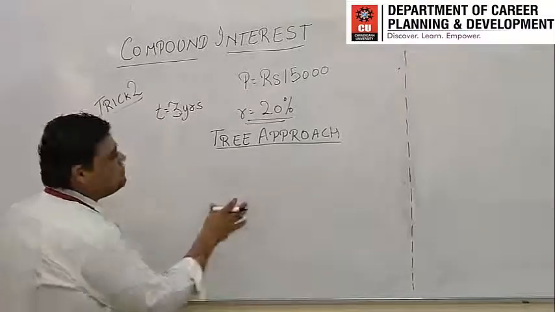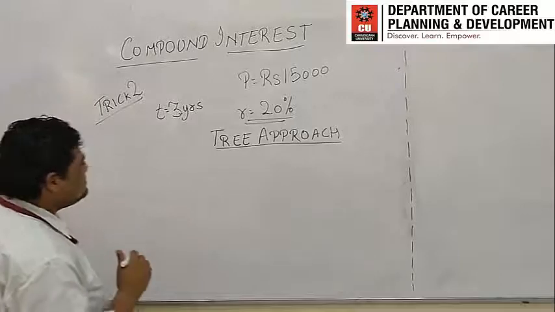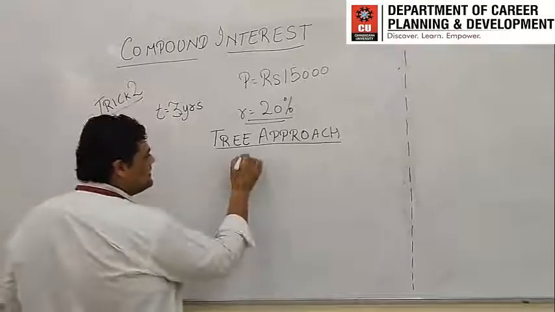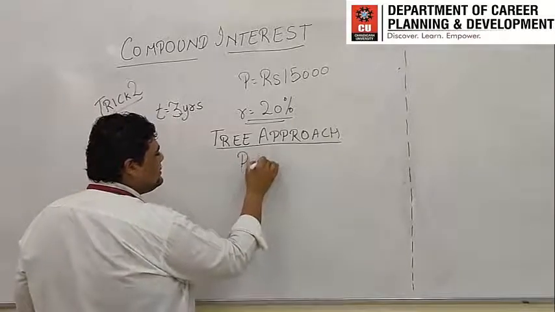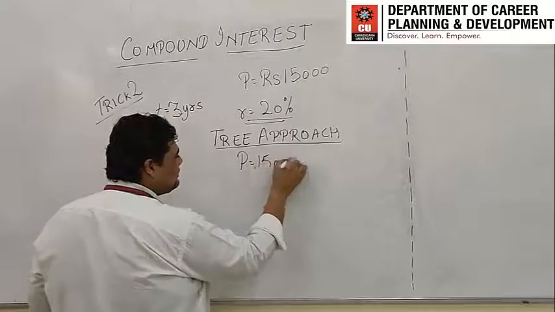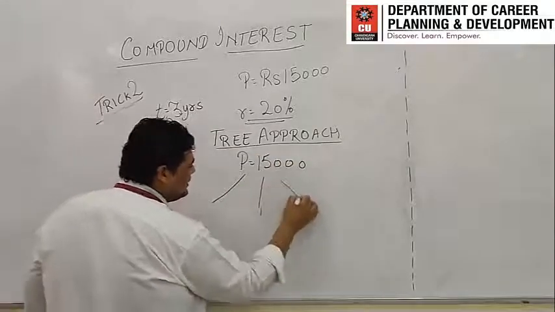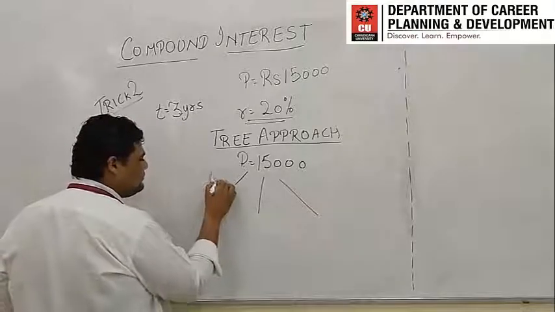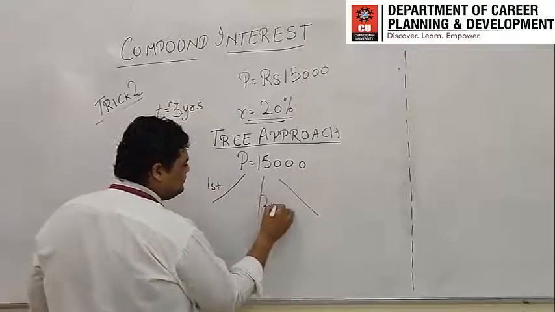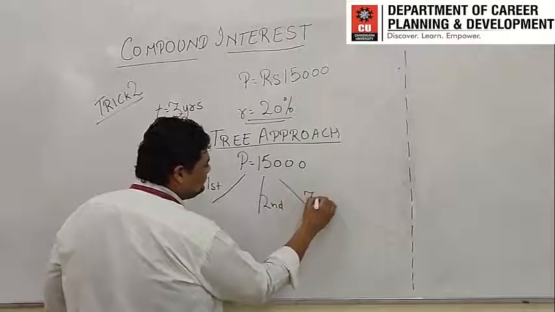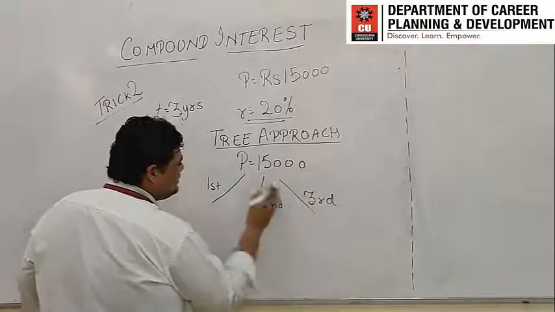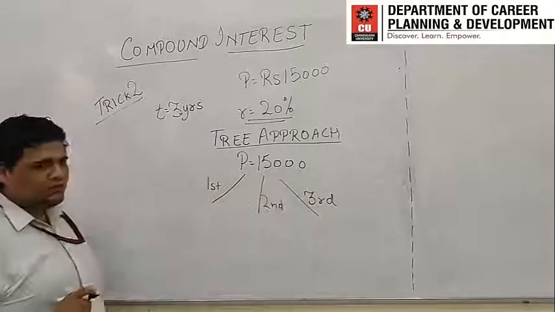In this case also, we will make different stems of a tree. See, firstly principal. Principal given to us is 15,000. I will make a tree for the 3 years. Here is the first year, here second year, then third year. These are the stems for the 3 years of a tree.